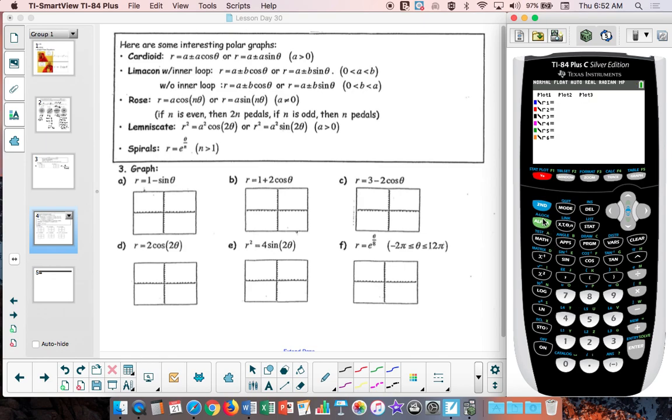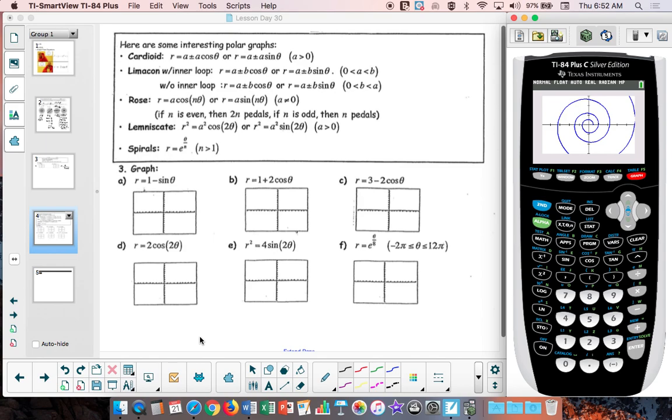R is already solved for, so we want e to the power of theta over 8. You can definitely differentiate theta and 8 in there. Again, theta over 8, we graph, and we have a cool spiral going on. Whoa. Yeah, so there it is.